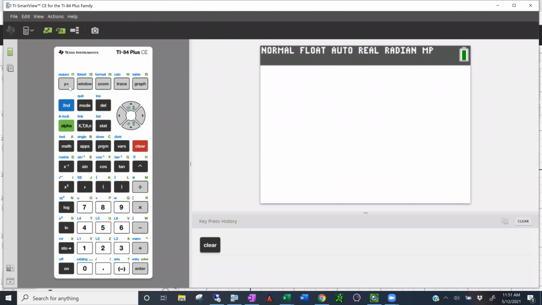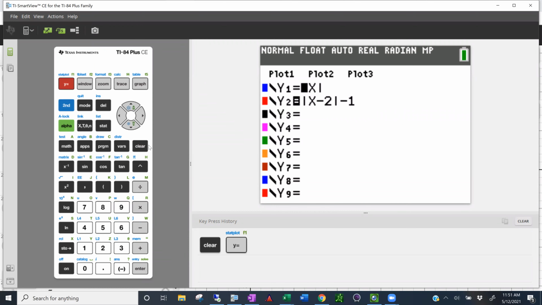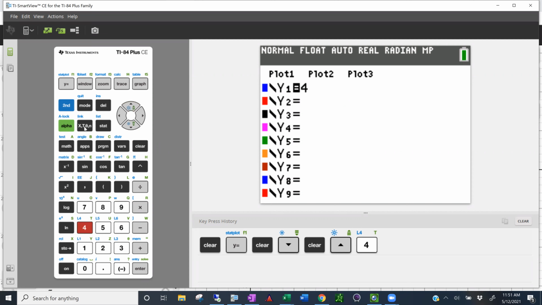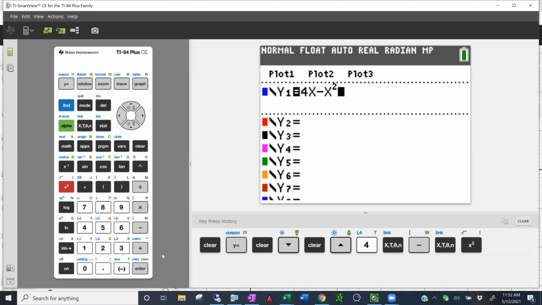So I'm going to start by plugging in the formula. Just give me the function. Clear out these things. Let's type in 4x minus x squared. There's a square key on the left-hand side. You might as well take advantage of it.